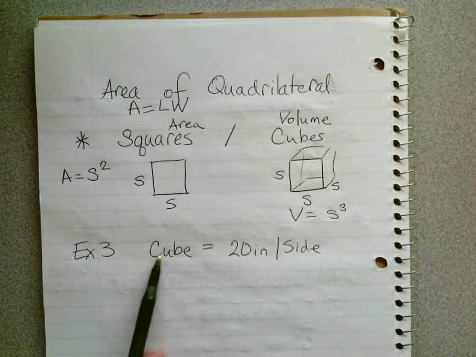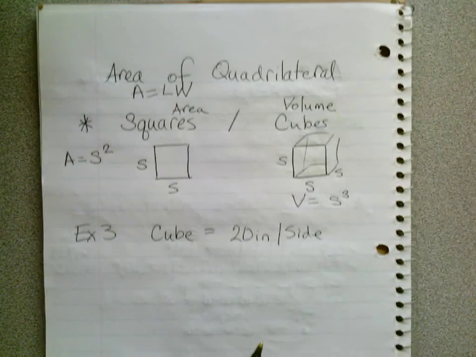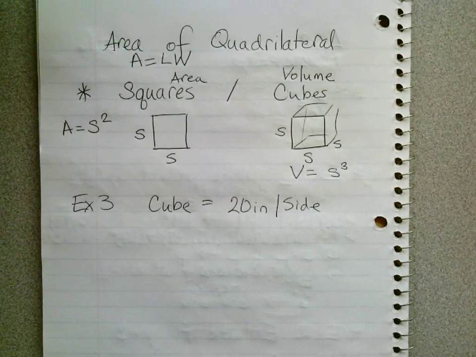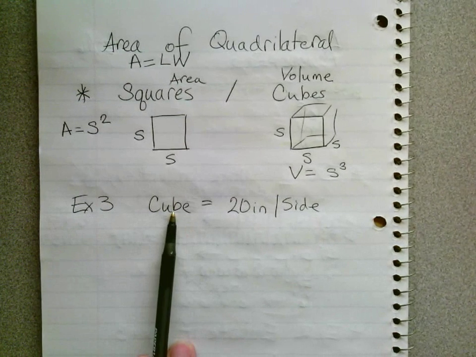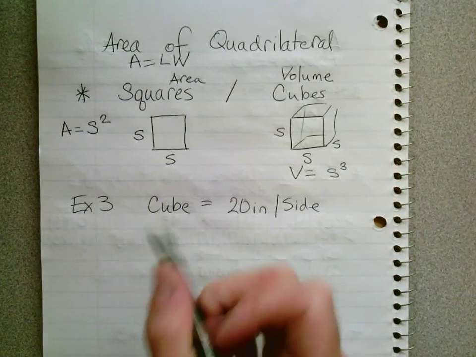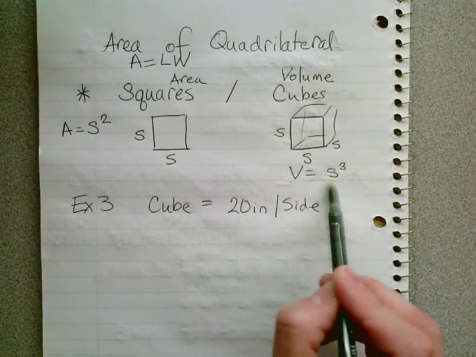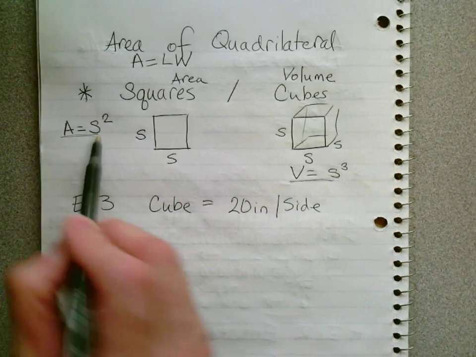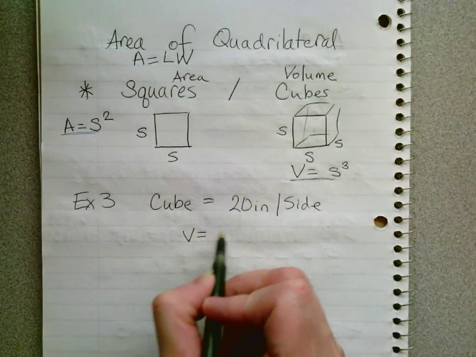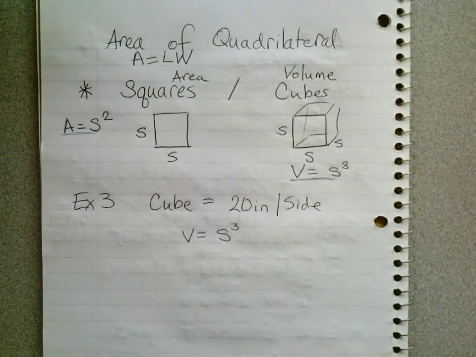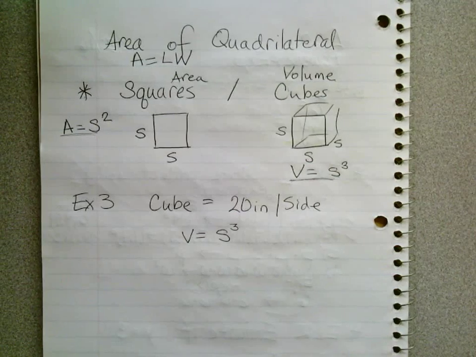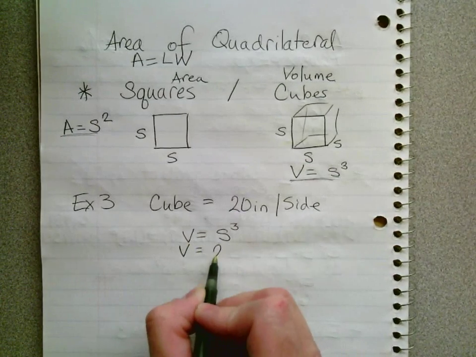We know it's all the same because I've told you it's a cube. Unless someone tells you it's a rectangular prism, you can assume that to solve the volume, you can use the volume formula. Volume equals side cubed. So 20 cubed.